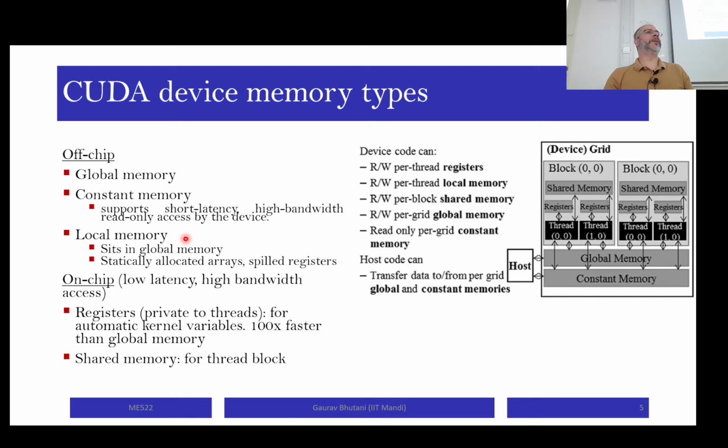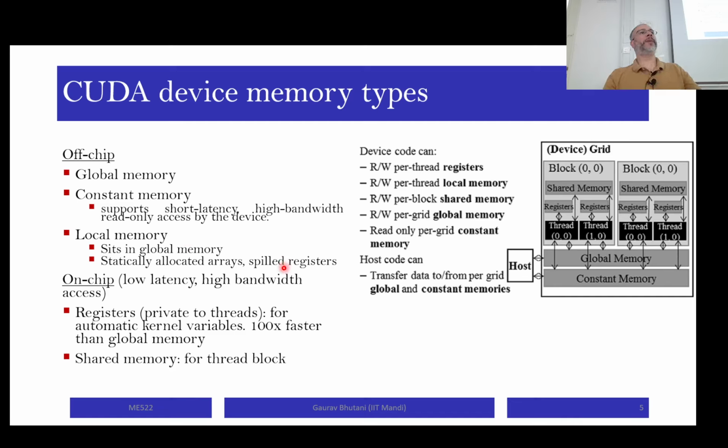So, for example, in a kernel function, if you remember, there were variables like idx or id or i. These variables were private, what we call automatic variables. So, if instead of an automatic variable you had an array, a static array in the kernel function, that static array will be allocated on the local memory, that is on the off chip global memory, but allocated only to that thread.